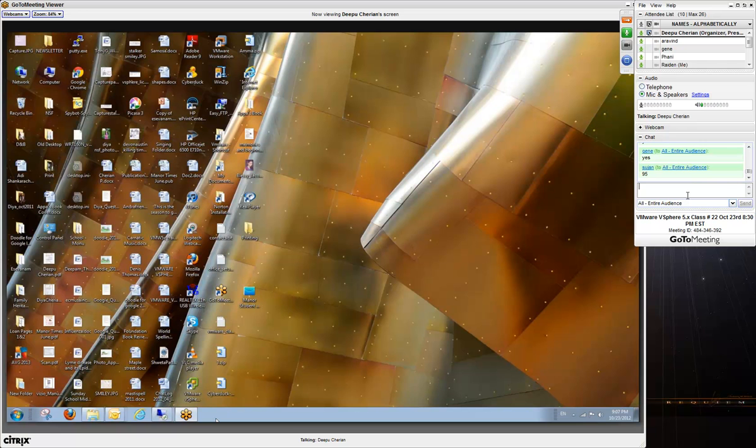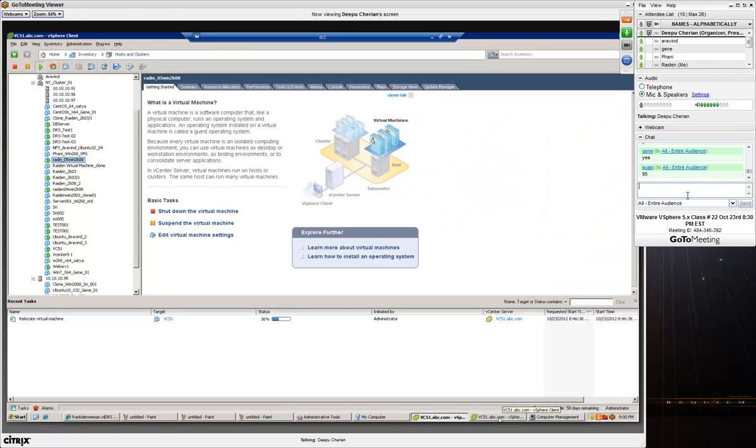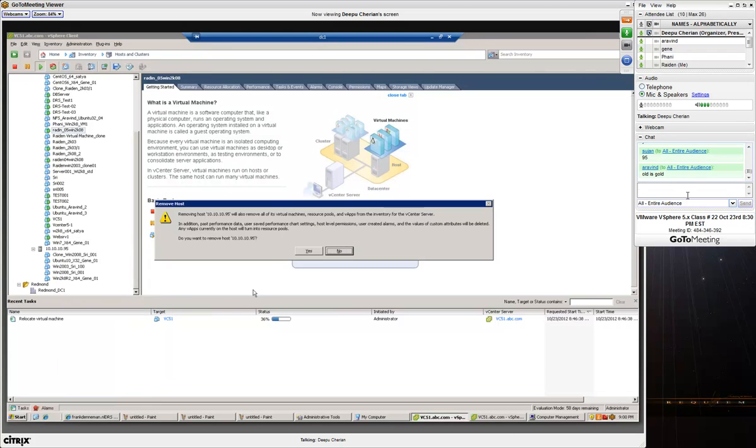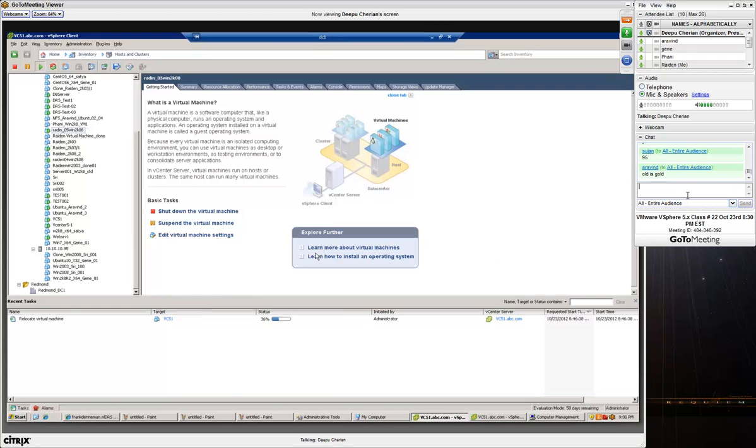When you buy a product, don't try to install or use anything that is new. Wait for at least one update or one service pack. So that's the problem.